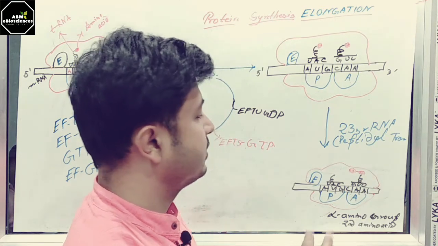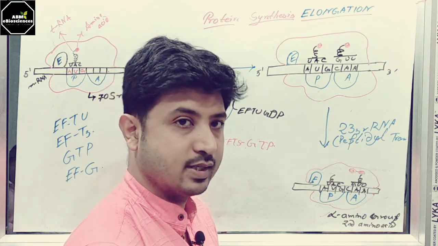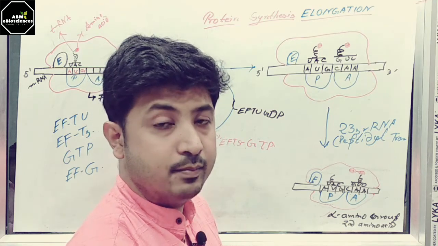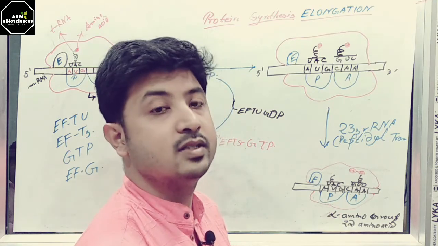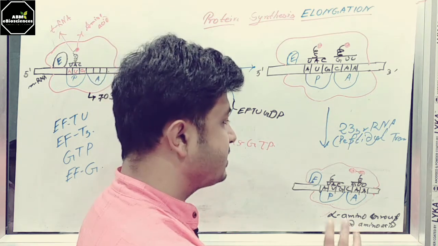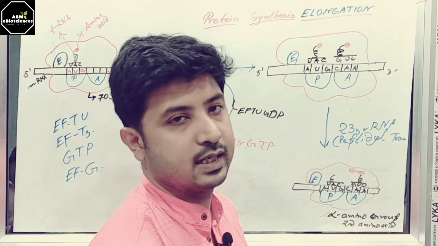So now the ribosome has incorporated a new amino acid, and the P site contains the uncharged tRNA, and this site is a dipeptidyl site now. Why is it dipeptidyl? Because two amino acids are present in the aminoacyl site now.